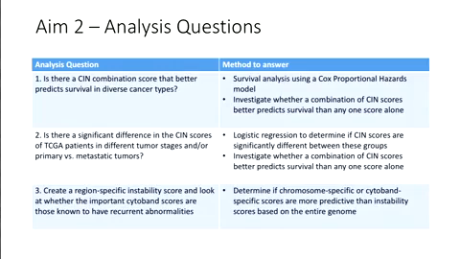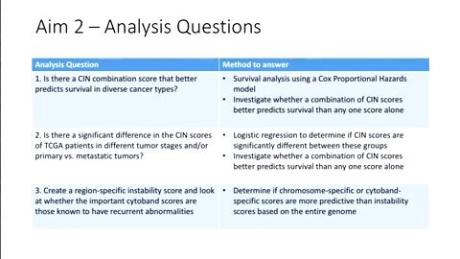And also, is there a significant difference in the CIN scores of TCGA patients in different tumor stages or primary versus metastatic tumors? And so to answer this question, I'll do a logistic regression to determine if CIN scores are significantly different between these groups. And then similarly, I'll be investigating whether a combination of CIN scores better predicts survival than any one score alone.